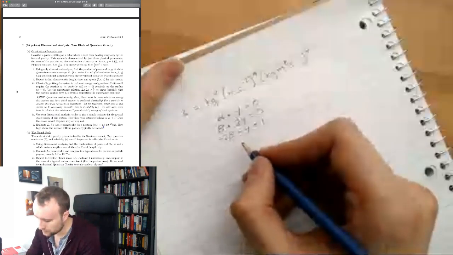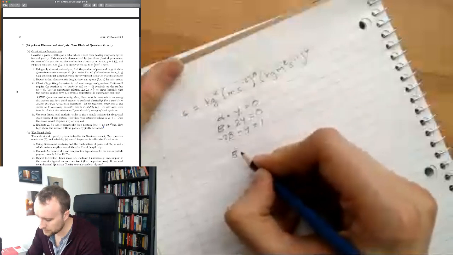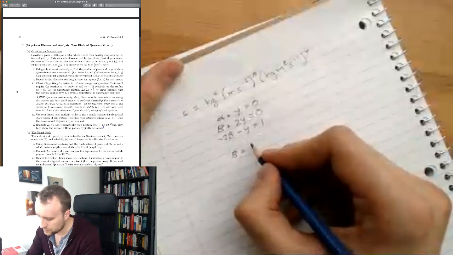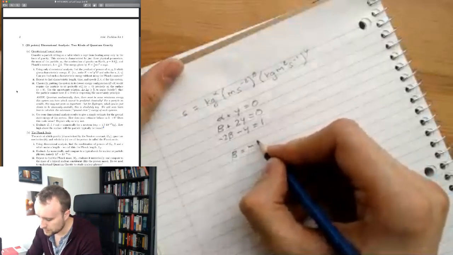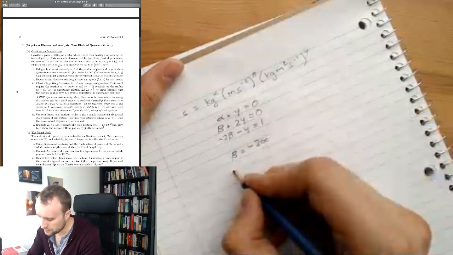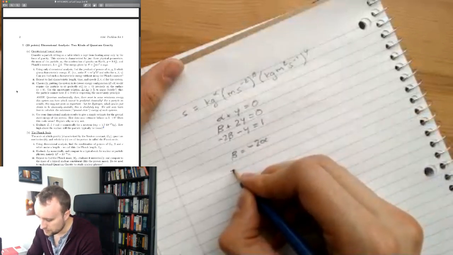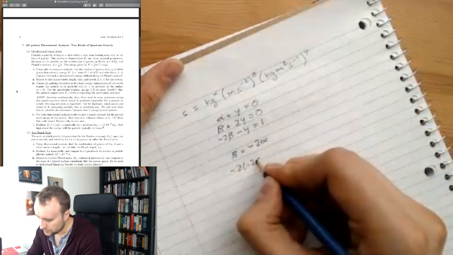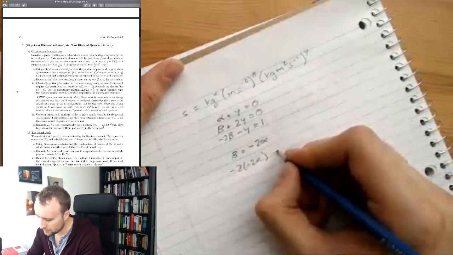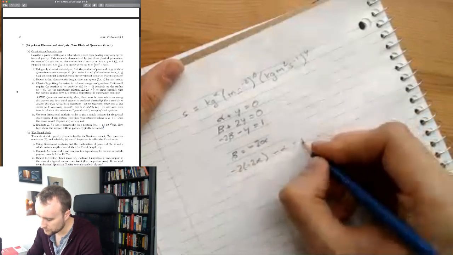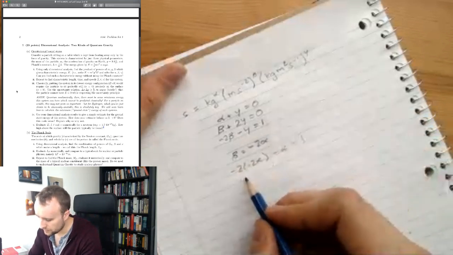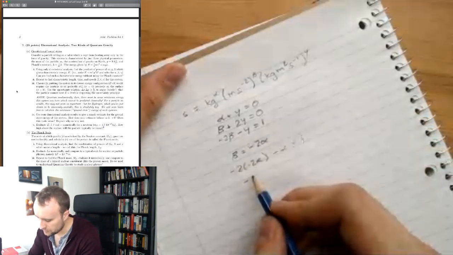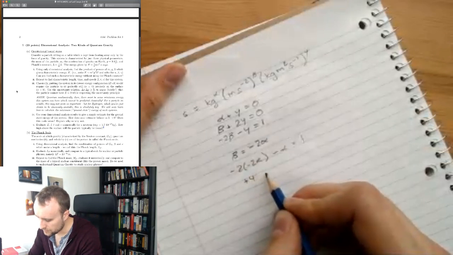Once again, we can just substitute in. So beta is equal to minus 2 alpha, minus 2 alpha minus alpha is equal to 1. We have plus 4.